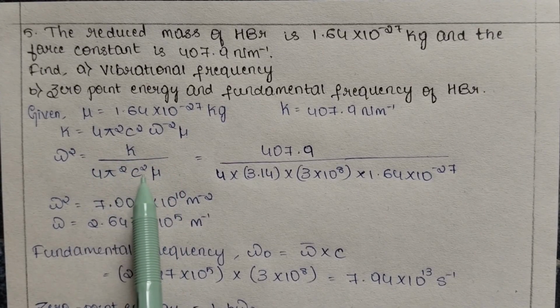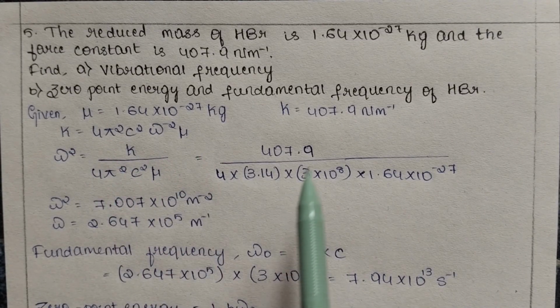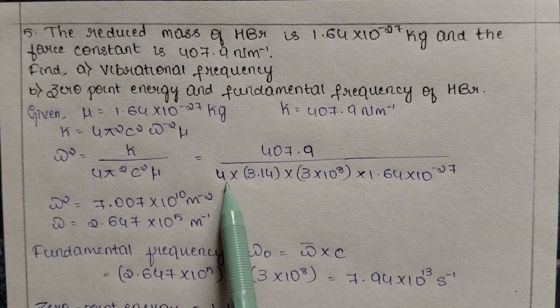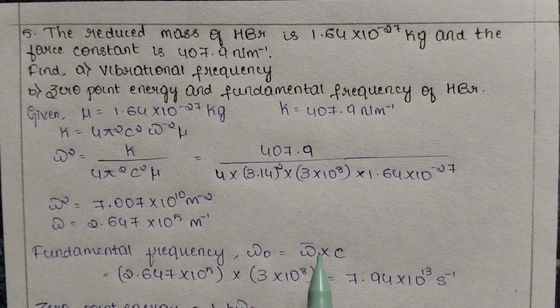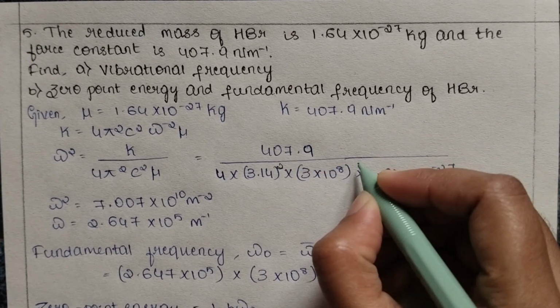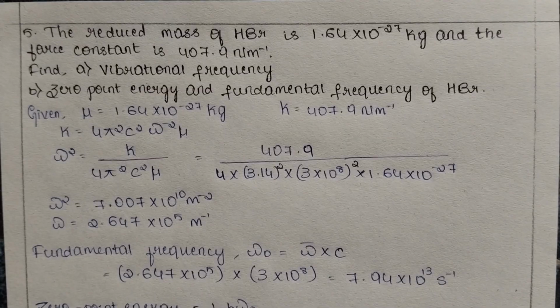Substituting the corresponding values, we get 407.9 divided by 4 × (3.14)^2 × (3 × 10^8)^2 × 1.64 × 10^-27. We'll get the value for omega square, which is 7.007 × 10^10 meter raised to the power minus 2.